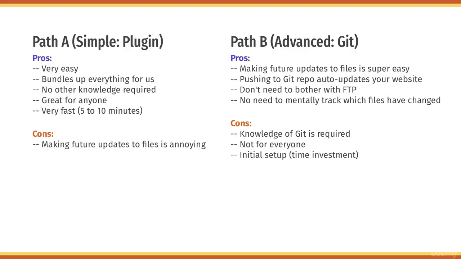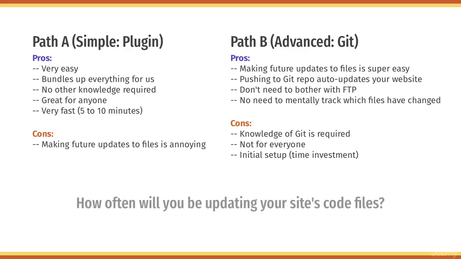Okay, so that's an overview of Path A and Path B. We're going to walk through each of them in detail in future videos, but right now you're likely trying to decide which path is right for you. Well, in addition to the Git factor, if you're not familiar with Git, you should probably choose Path A. In addition to that factor, I will give you another question, which is, how often do you think you'll need to make updates to your site files?